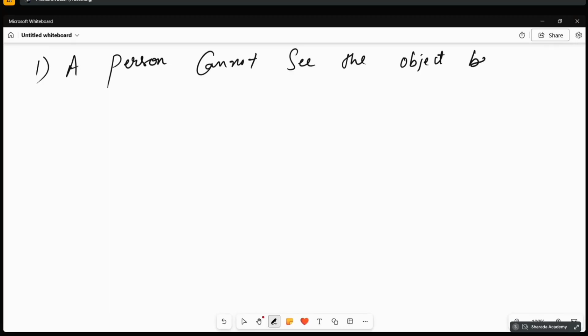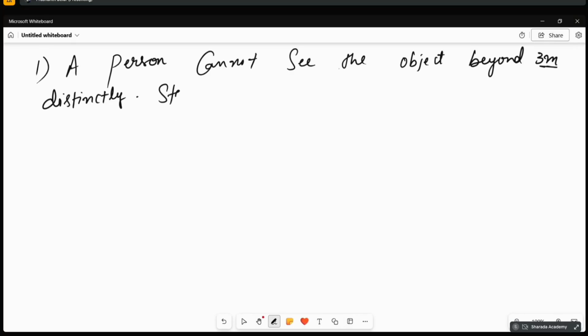A person cannot see objects beyond 3 meters distinctly. That means beyond 3 meters he can't see properly.